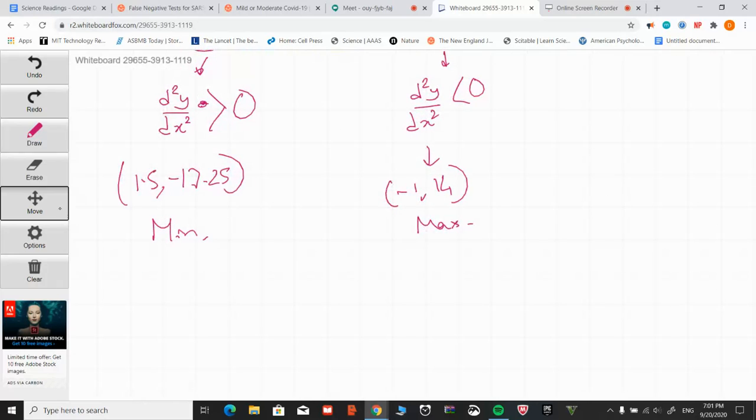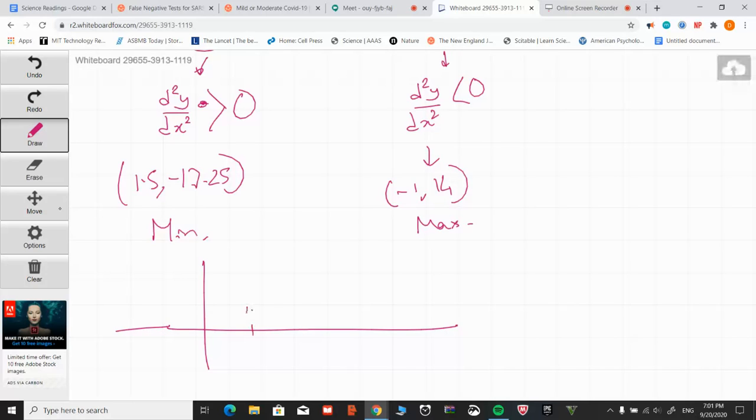তাহলে আমরা গ্রাফ কিভাবে আঁকবো? 1.5, negative 17 এইদিকে দিই, আর হচ্ছে গিয়ে negative 1 আর 14 উপরে এখানে দিলাম। So obviously maximum হবে এটা, so it is going to have somewhat of a peak like this, এবং এটা অনেকটা এরকম হবে, পারফেক্ট হয় না, but this is where the peak has to be.